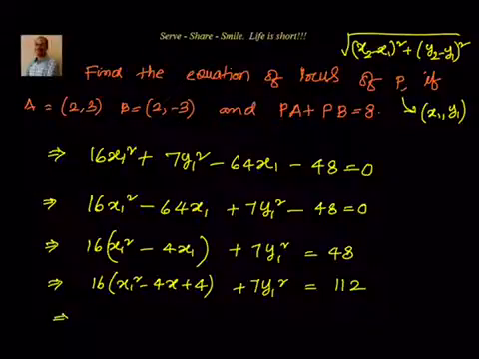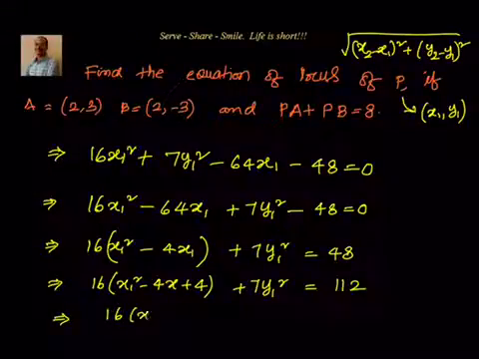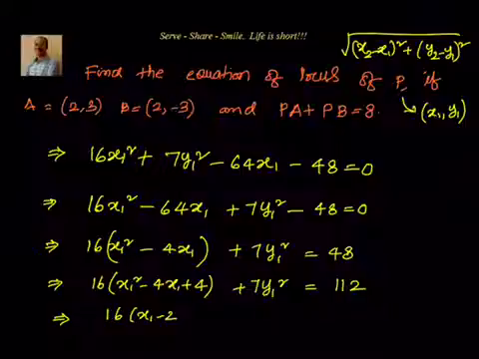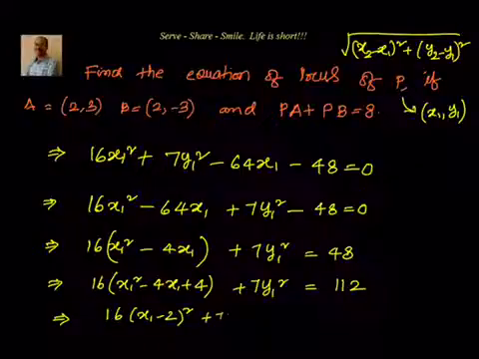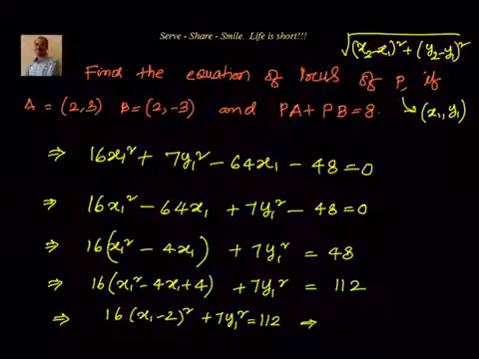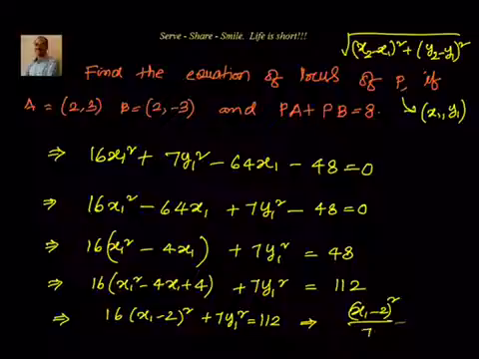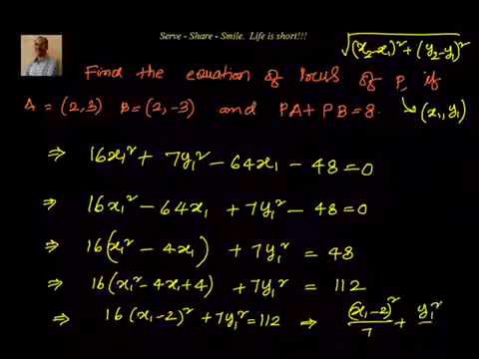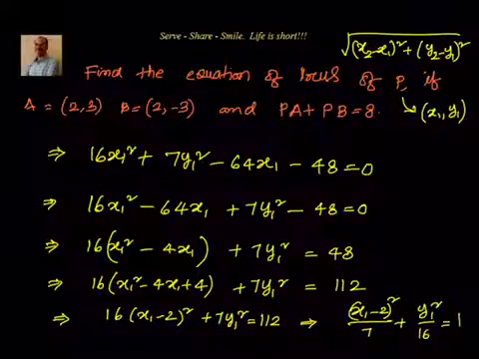So I'll write it as 16 into (x1 minus 2) whole square plus 7y1 square equal to 112, or can I write down (x1 minus 2) whole square by 7 plus y1 square by 16 equal to 1.